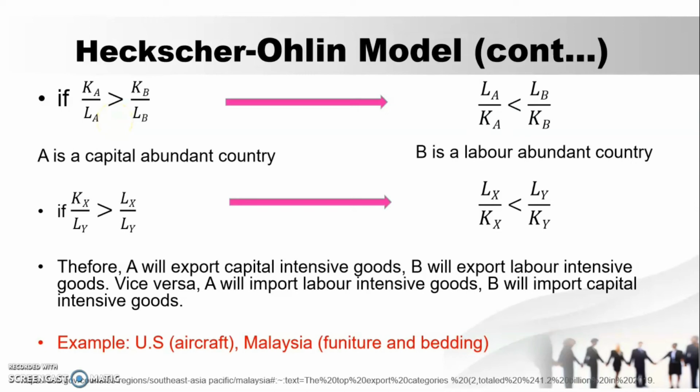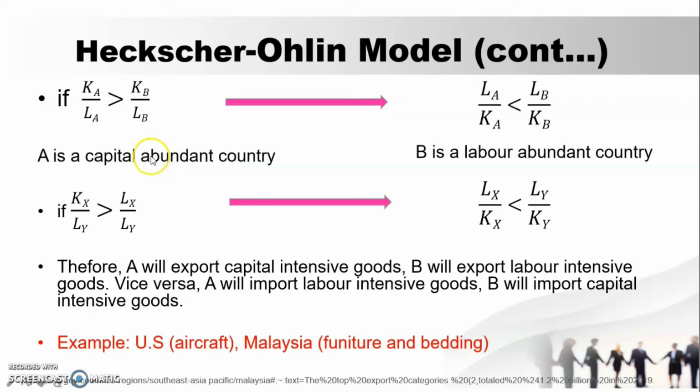It tells us that the capital-labor ratio in country A is the amount of capital in country A per worker or unit of labor. In other words, how much capital there is per worker in the country. Similarly, the capital-labor ratio in country B is the amount of capital in country B per worker.